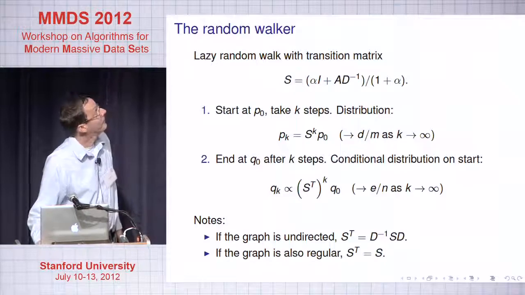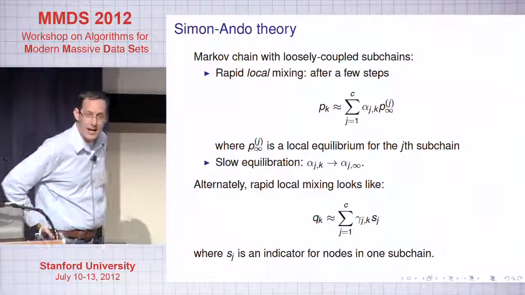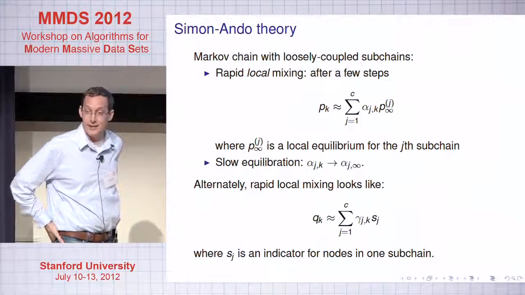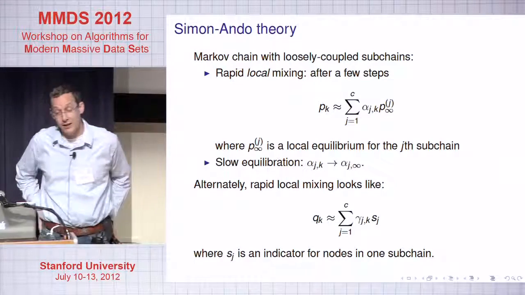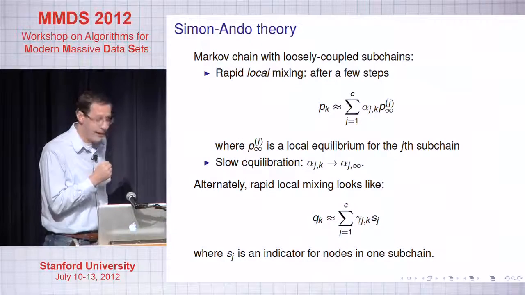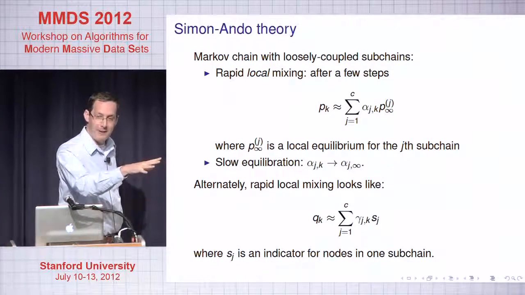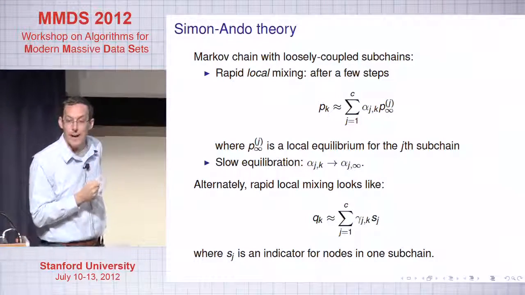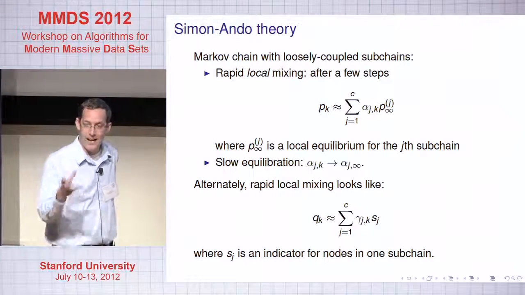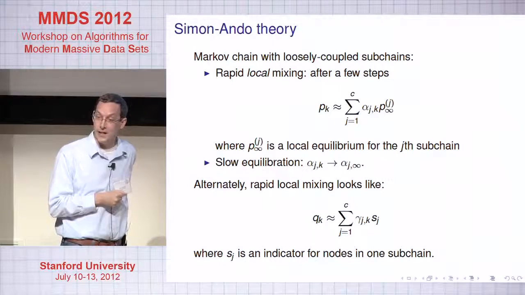Okay, and so there's a theory for when you've got loosely coupled Markov chains. So think of my family talking within itself a lot, but not necessarily talking to everybody else. And that says that, according to Simon-Ando theory, when you look at mixing in these chains, you've got 2 phases. The first phase is everything mixes pretty rapidly locally. That's when I dump creamer into my coffee cup, run away, and a few seconds later, the creamer is all through the coffee in that one cup.